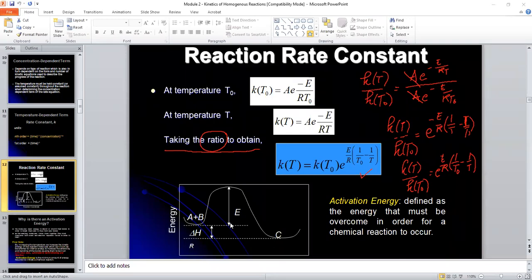Without this activation energy, your reacting species won't be rendered ready for reaction. It is defined as the energy that must be overcome in order for the chemical reaction to occur. This is your activation energy, and this energy is a function of temperature.